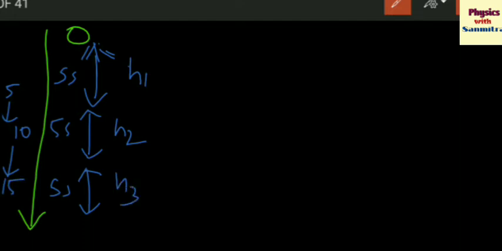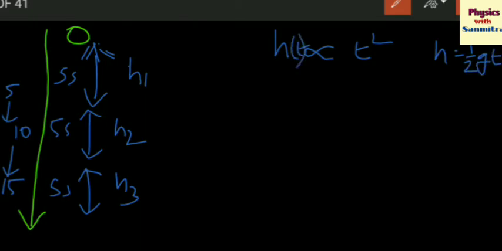Now the stone is freely falling, so h is proportional to t square, because h is equal to half gt square. So h by t square is constant.